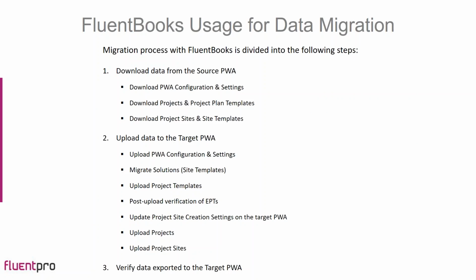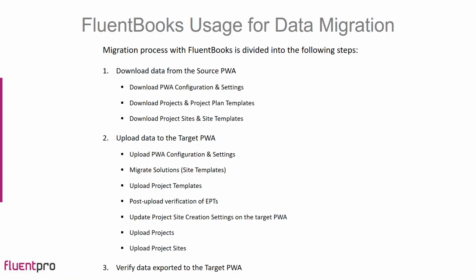So there are several steps that should be followed when using FluentBooks for data migration. The first major step is downloading data from the source PWA. I will show later in FluentBooks which wizards are to be used for the download.